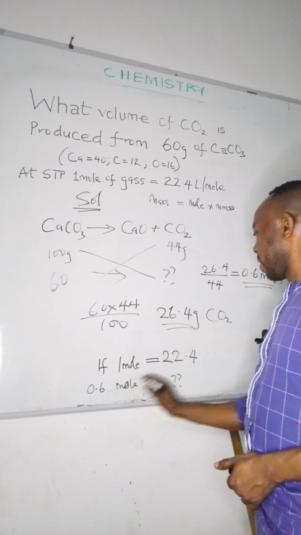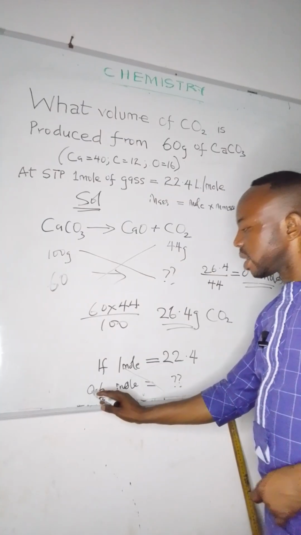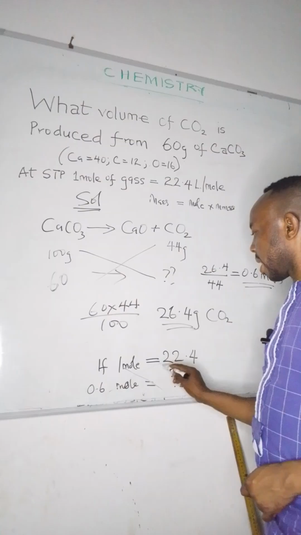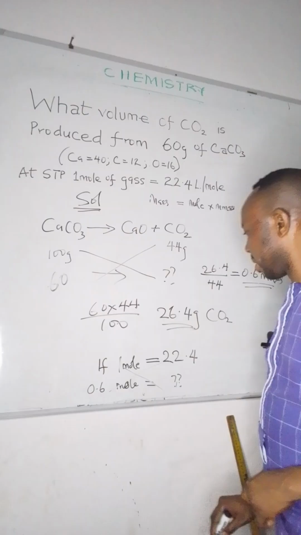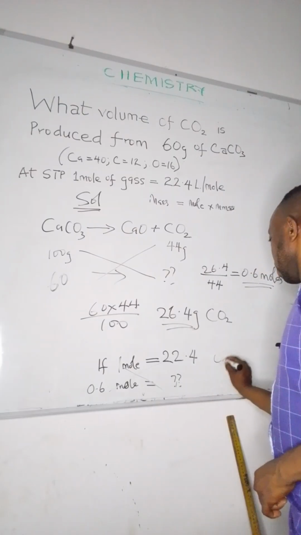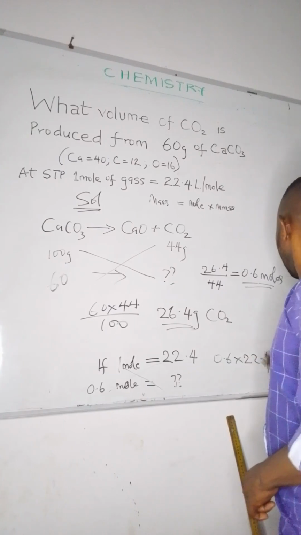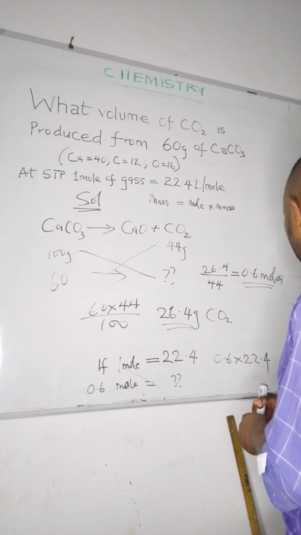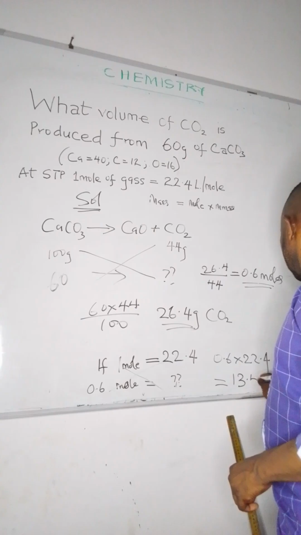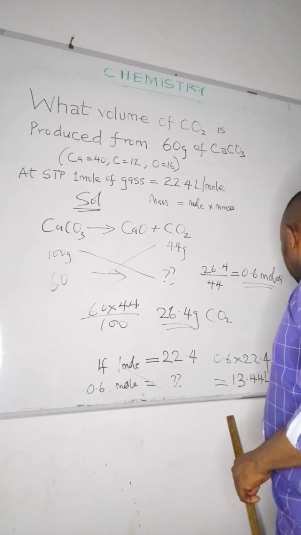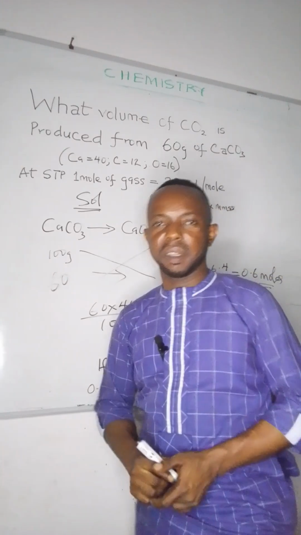You cross multiply. You're looking for this. That is to say, 0.6 times 22.4 all over 1. Is that clear? So when you do it, you will have your answer to be 13.44 liters. So this is the final answer.